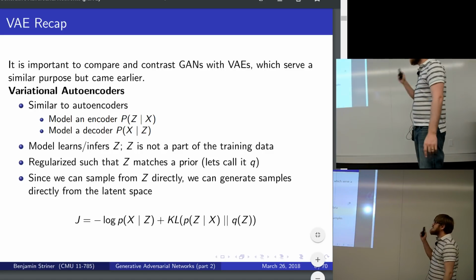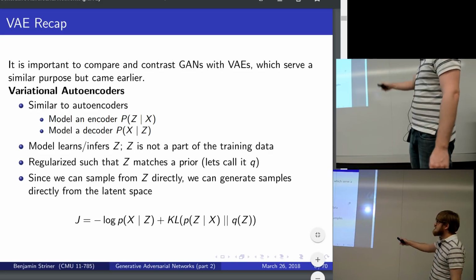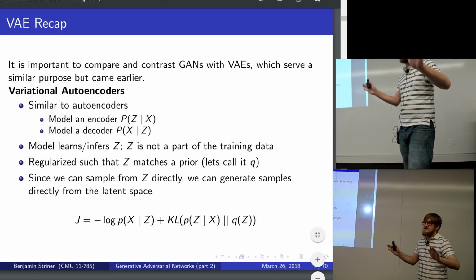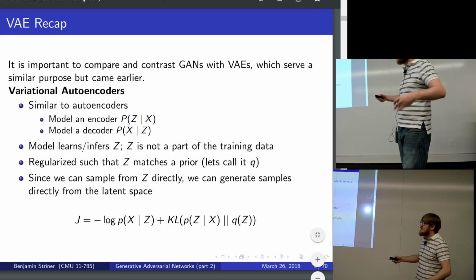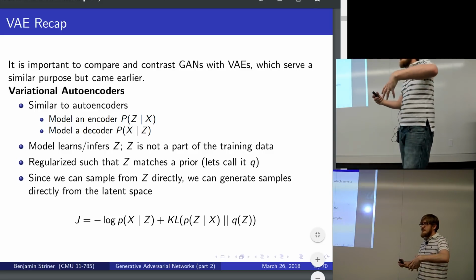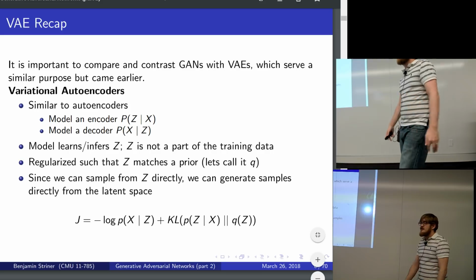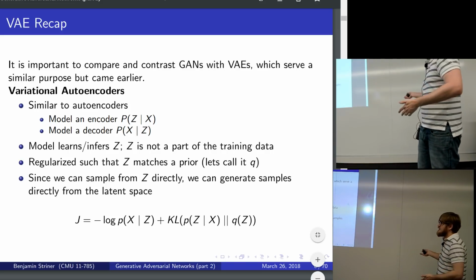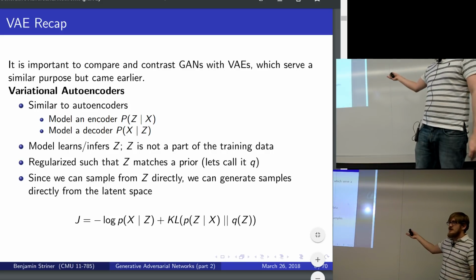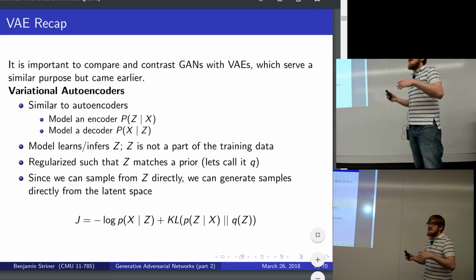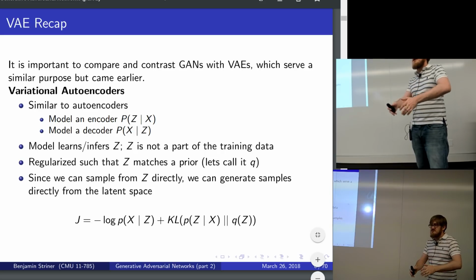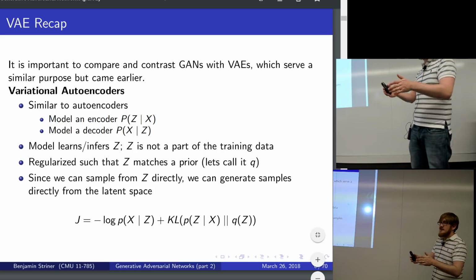What makes VAEs different is that you have this regularization term. There are many ways to view it, but that's probably the simplest way. There's a regularization term saying this Z that you're learning, that you're inferring, should look like a Gaussian, or whatever you want to call your prior. So you give it some prior and you say, learn your encoding, but the marginal distribution of this encoding should match whatever you give it.